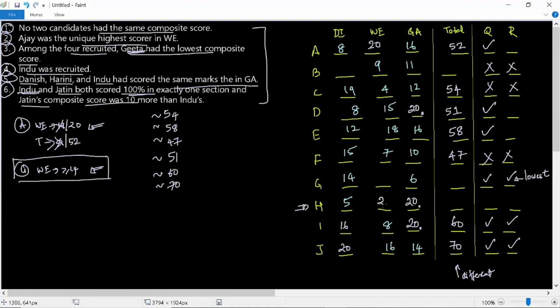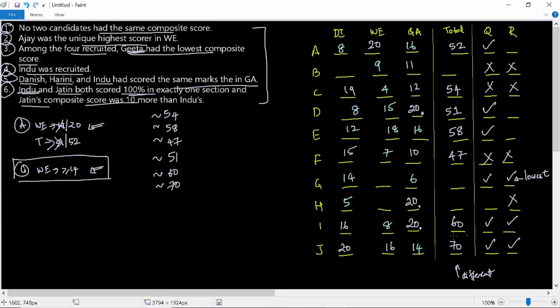Even if H gets a score of 20 here, that's the maximum we can get, the total score is going to be 50. Now there are others who have got 51, 52, 58, quite a few people who scored much more than 50. Therefore H is not in play at all. H is never going to get recruited, irrespective of how much E gets in WE.